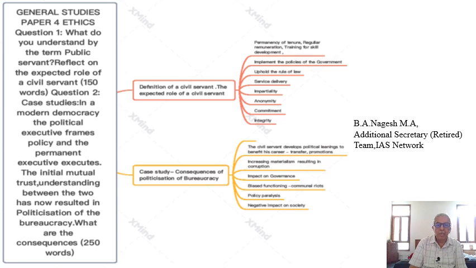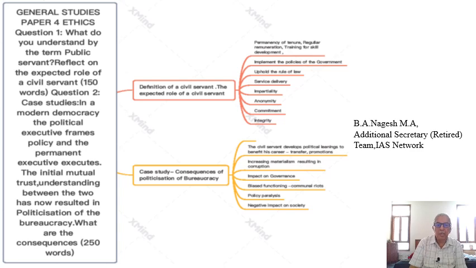Impact on governance: the civil servant cannot effectively deliver because he has been bought by the political element, and he'll have to tailor the programs to benefit the clientele of the minister or the political element.